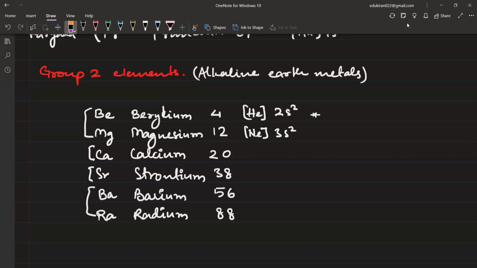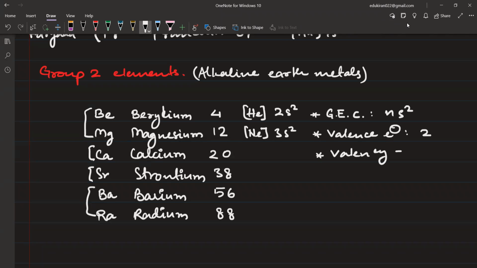So I may say that here the general electronic configuration will be ns2, where n is the period number or the shell number, and the valence electrons will be 2. Valency will also be equal to 2 for all the elements in the group.